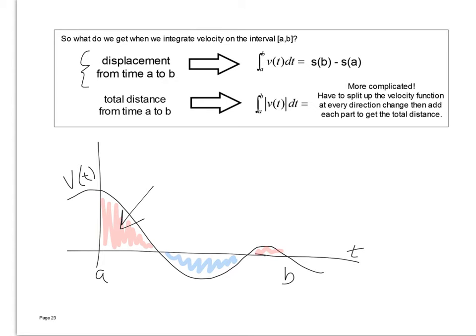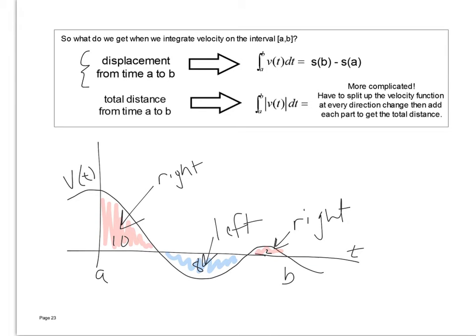Positive velocity means moving forward versus backwards, or right versus left, I should say. So this is right movement. I think it says it's moving along a line, so we'll say it's left and right. And this is also right movement. That's left movement, though. So that's distance that the particle moved backwards, per se. So maybe this is, I don't know, 10 units, and this is 8 units, and that's 2 units.